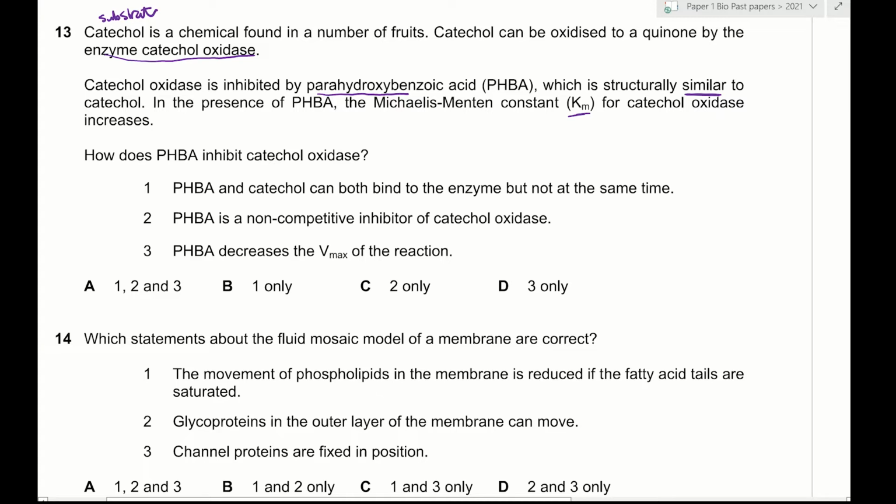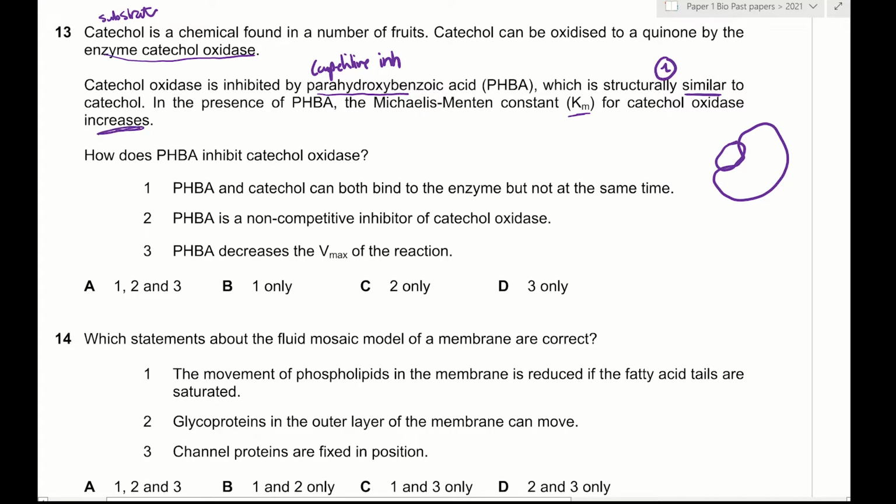So here there are 2 hints that actually demonstrate that this is a competitive inhibitor. First of all, it said that it has a structurally similar structure to catechol, which means that it binds to the active site too, must be the same shape. Second of all, here it says the Michaelis-Menten constant for catechol oxidase increases.